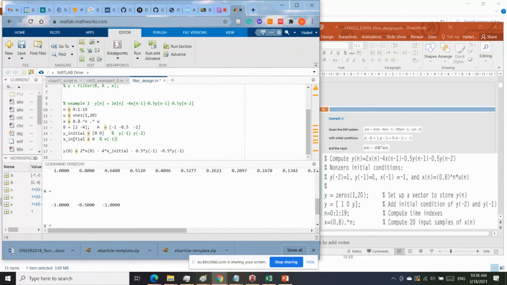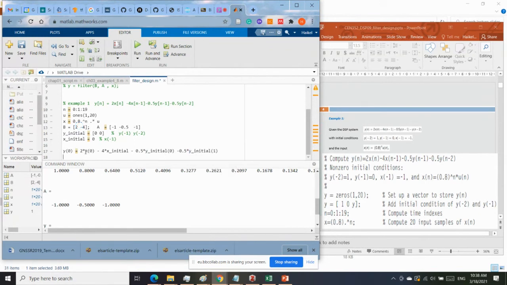For y minus 1 and minus 2 this is easy. We're gonna write the first value of initial, and for minus 2 it is the second value of initial.